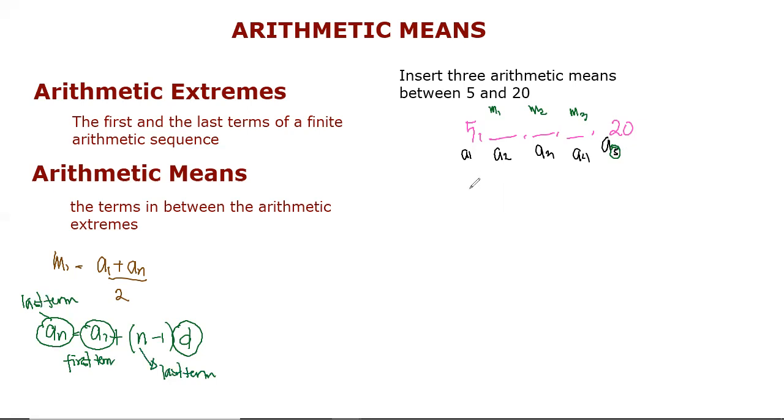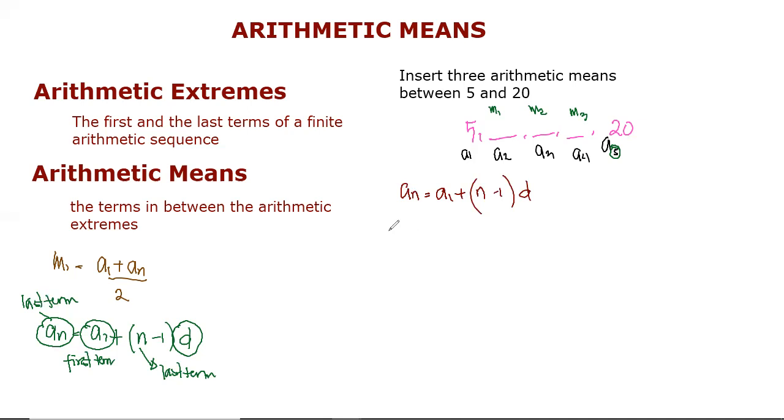First we need to write the general rule for us to get the common difference, para hindi po kayo nalilito. Mas gusto ko pong sinusulat ninyo ang ating formula. So we have a sub n is equal to a sub 1 plus the n term minus 1 times d. Okay, what is the value of a sub n?